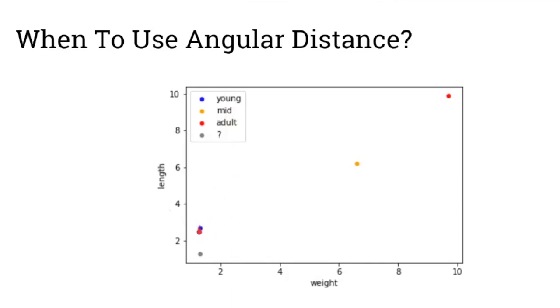So these are the 3 points. Given these 3 points, if someone asked you to classify this gray point over here, where would you classify it? Is he a young person? Is he a, no, a mid-age, or an adult?